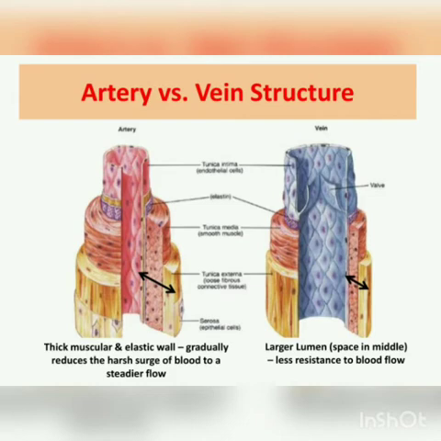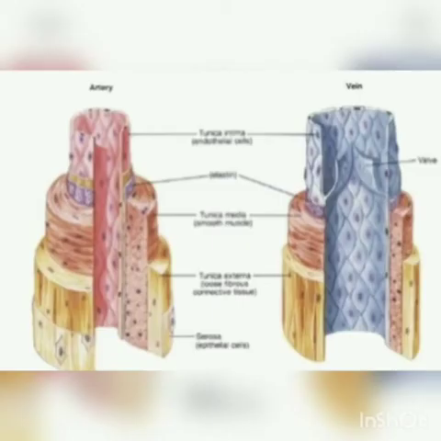And we are going to continue with the vein. A vein is the blood vessel which carries blood towards the heart. Arteries carry blood away from the heart, and veins carry blood towards the heart. These veins carry blood which is rich in carbon dioxide to the heart.